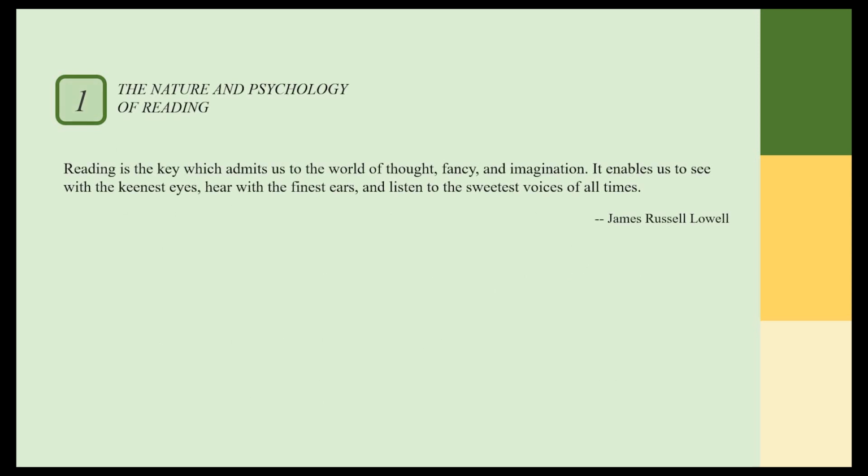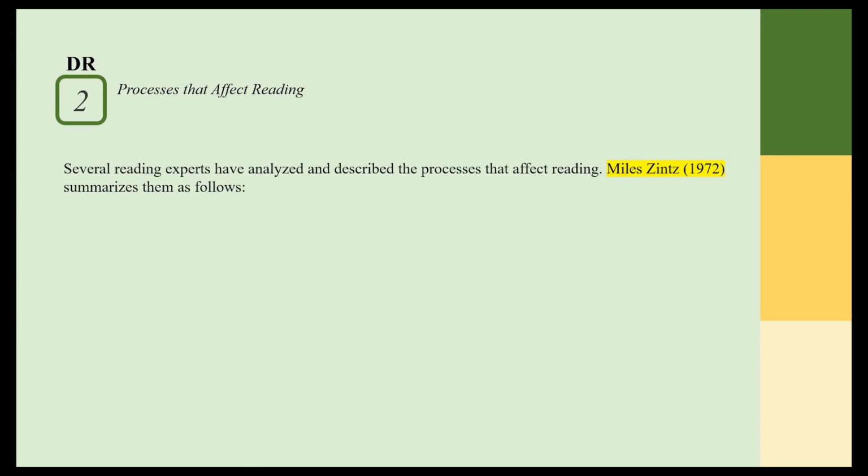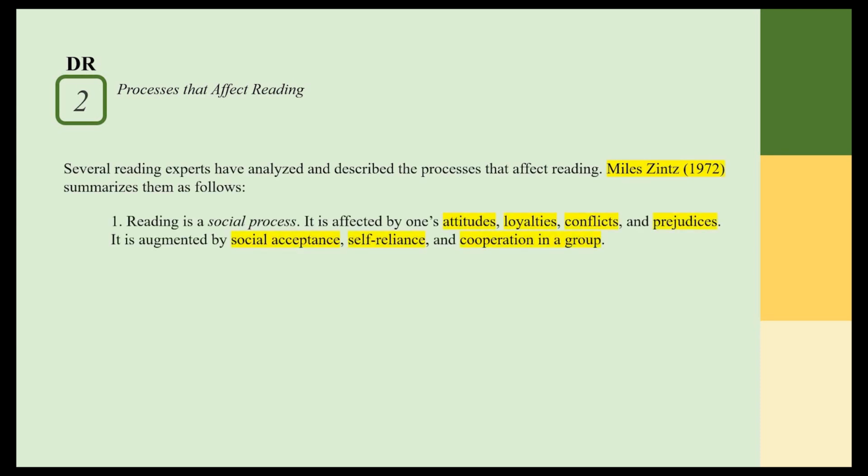Remember, we're still in the first chapter, the nature and psychology of reading. But this time we are in DR 2, which is processes that affect reading. For the first slide, we will be looking at how Miles Zintz analyzed and described the processes that affect reading.